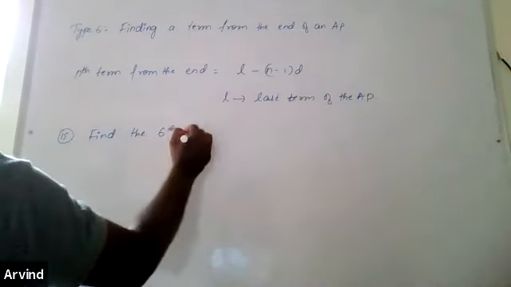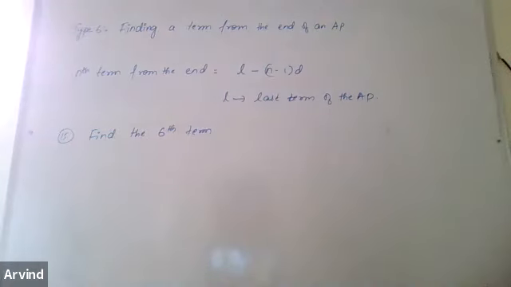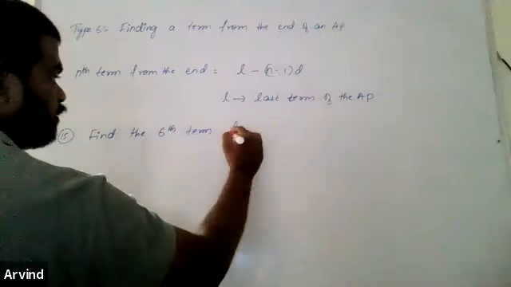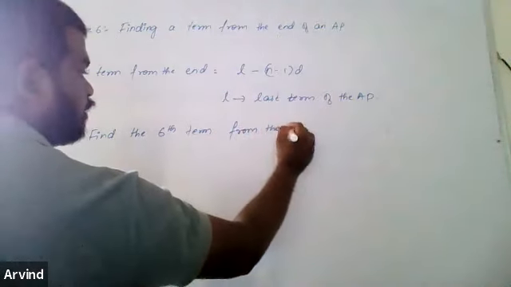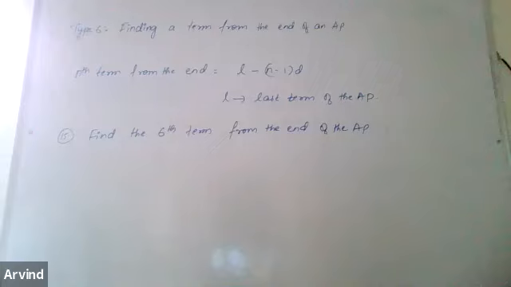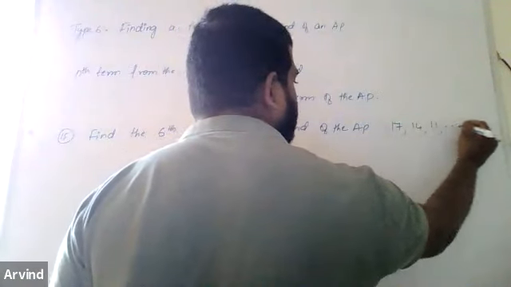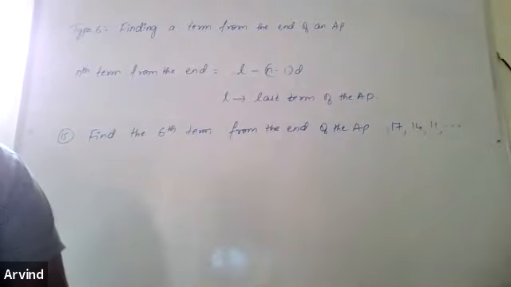Find the sixth term from the end of the AP: 17, 14, 11, and so on up to minus 40.